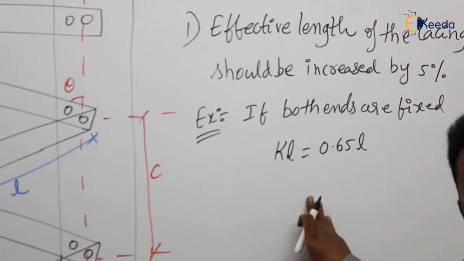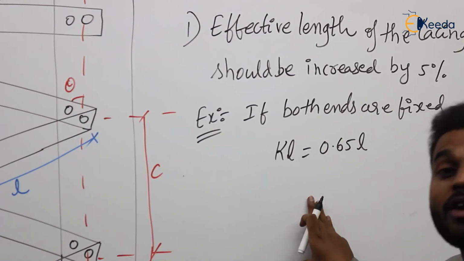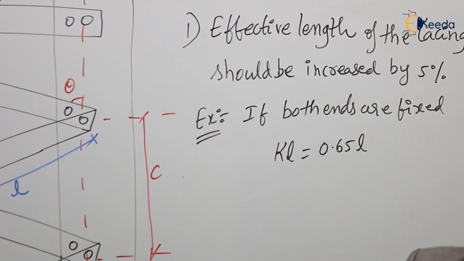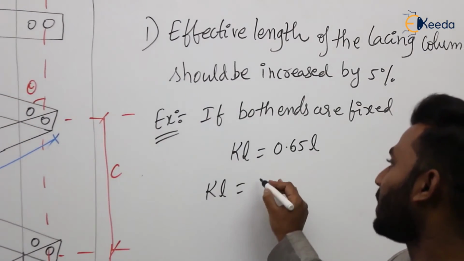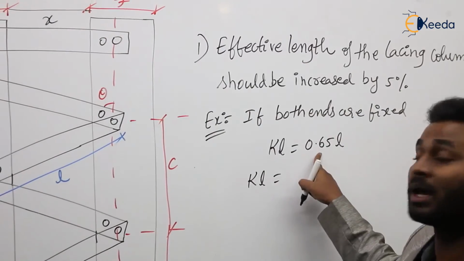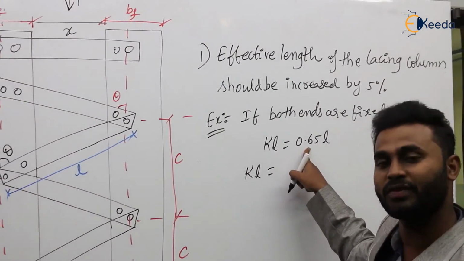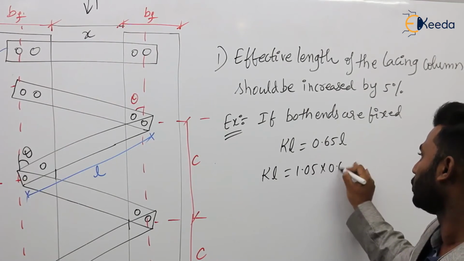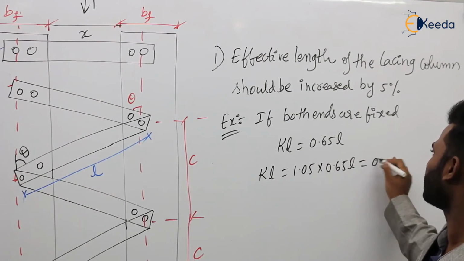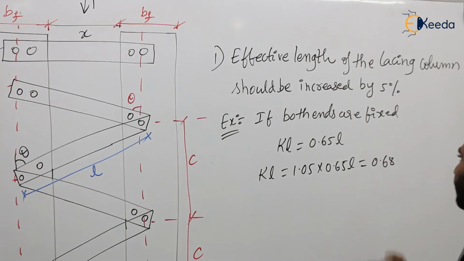If that column is a built-up column made by using lacing, then in that case L effective should be increased by 5%. It means we should multiply by 1.05 into 0.65L. So it comes out to be 0.68 something L. That is the meaning of it.